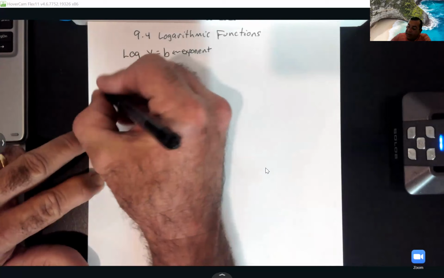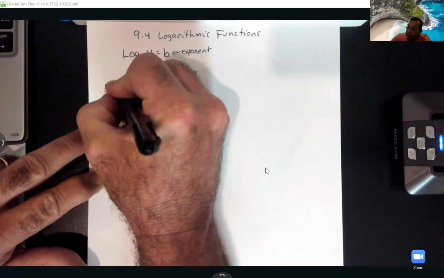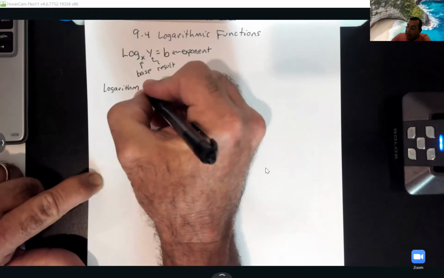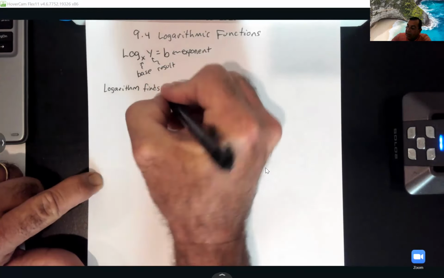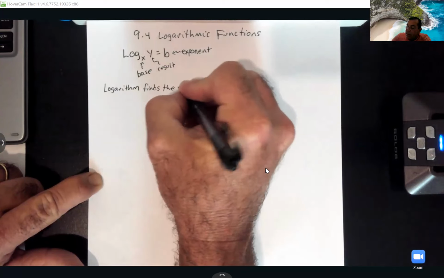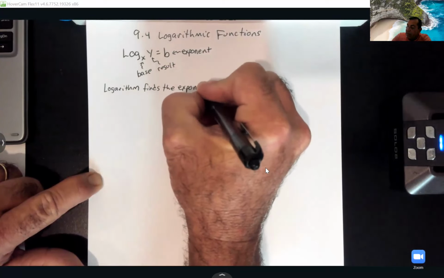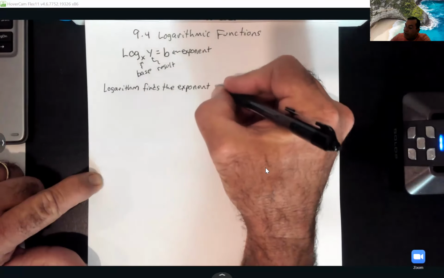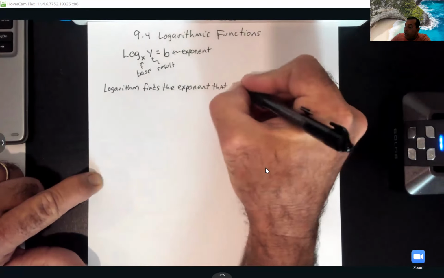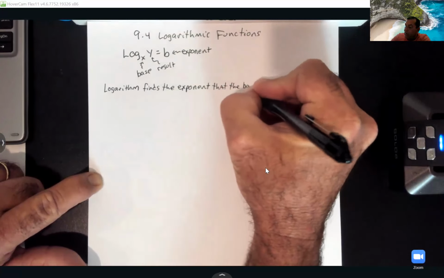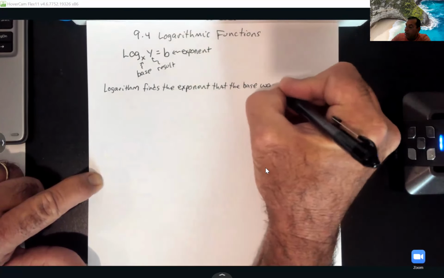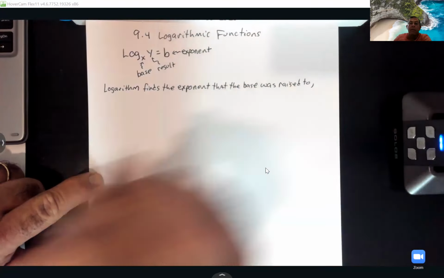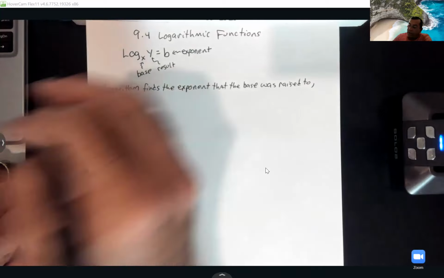Okay, so basically a logarithm finds the exponent that the base was raised to get that result.